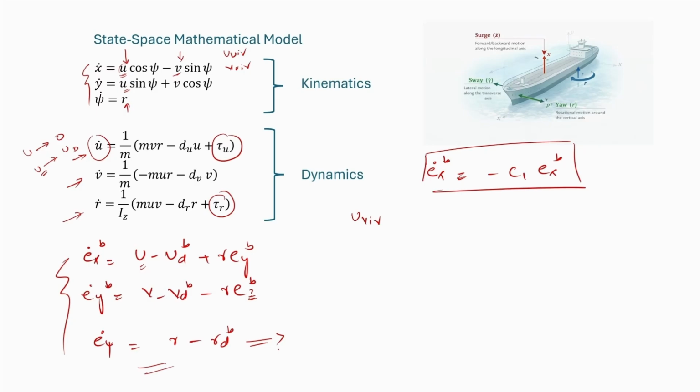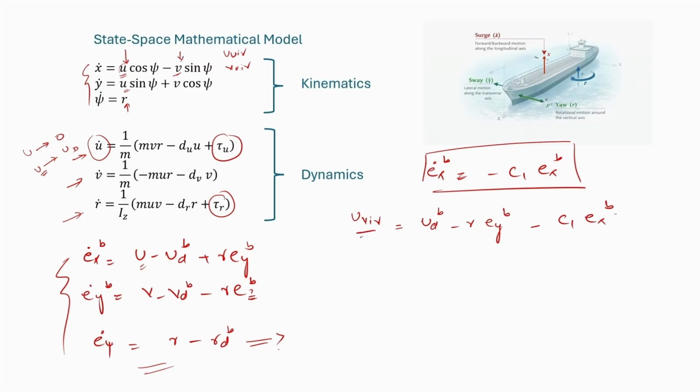So this will become U virtual. I will cancel out these terms. So U virtual will become, this is minus U dB, so I will choose it as U plus dB, right? And then this is plus, so I will choose this as minus R E Y B. And then I will choose some constant, C1, so let me write it as C1 EXB, right?